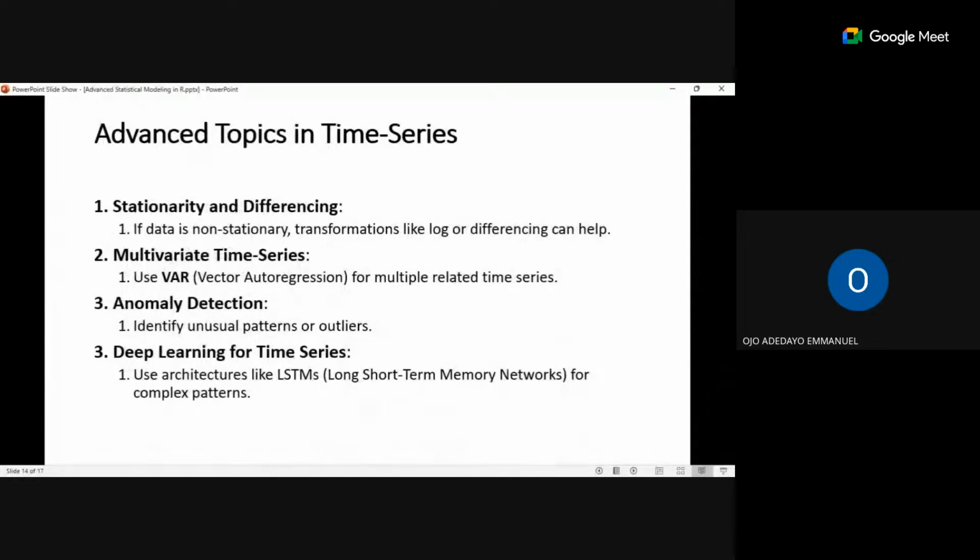Now, advanced topics in time series. These are advanced topics for those people that will be doing your PhD, or for those people that will be getting grants for research. So we have what we call stationarity and differencing. If the data is non-stationary, how do we handle it?